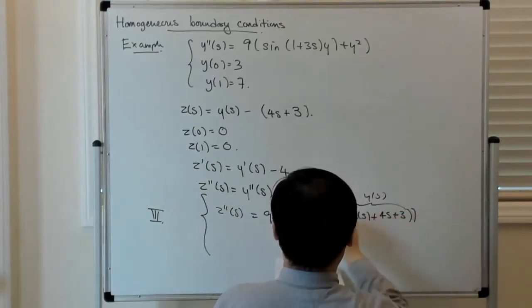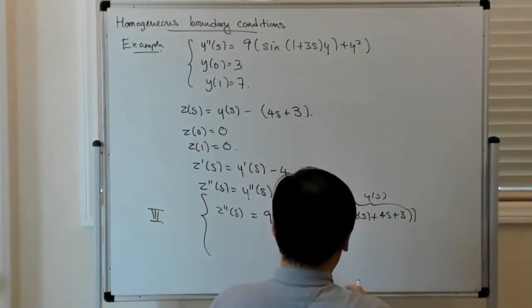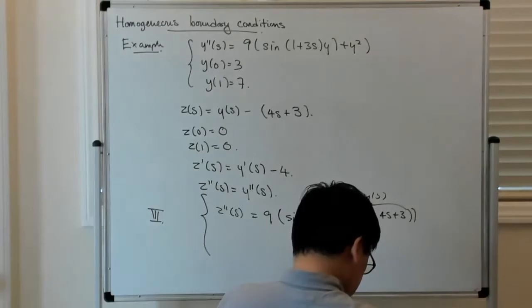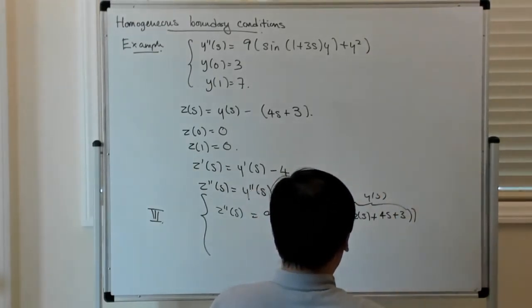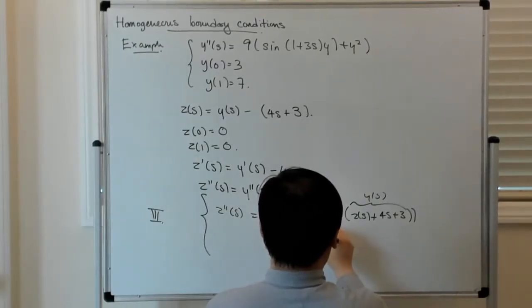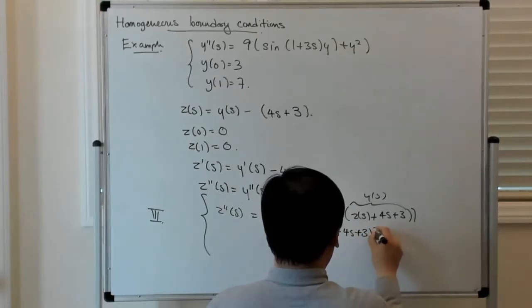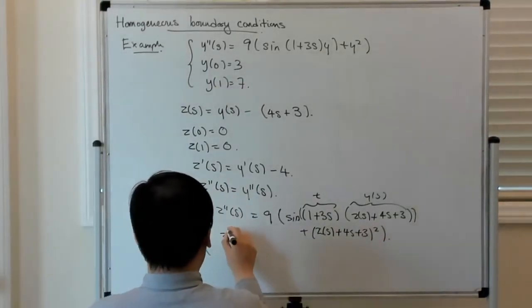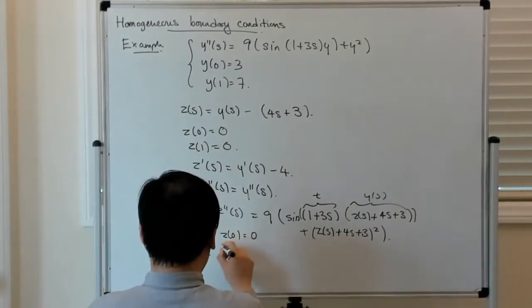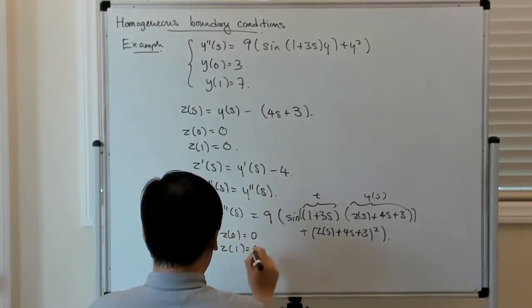Then there's a y squared term. So the y squared is z of s plus 4s plus 3 squared. And then you have z of 0 is equal to 0, and z of 1 is equal to 0.